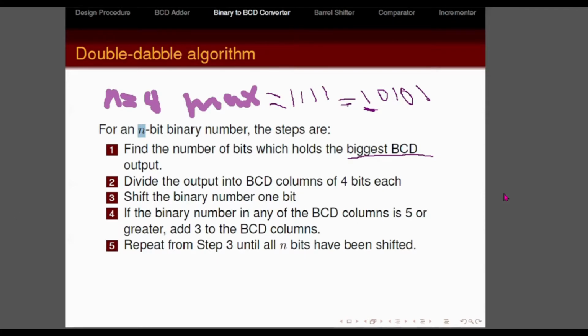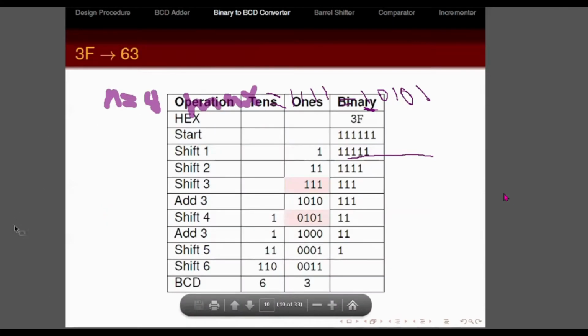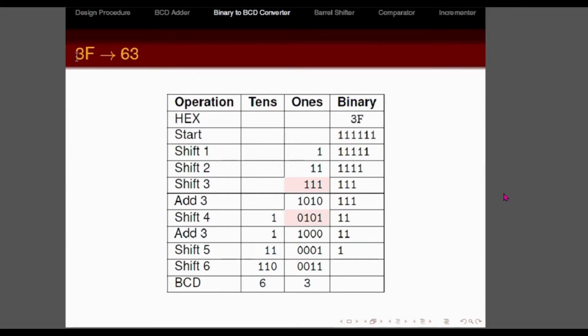So let's see this example. If you want to convert 3F into BCD, the binary number is 111111.